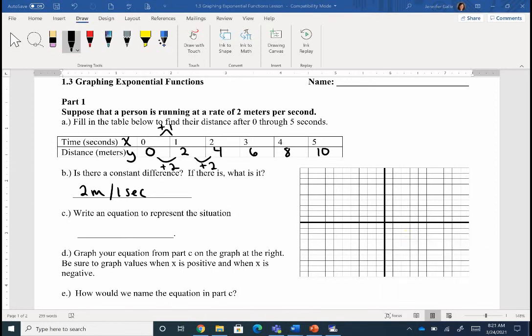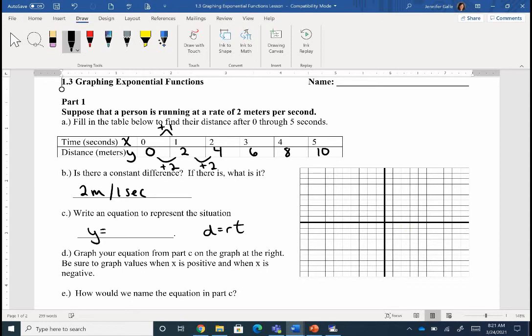So if we go to write our equation, we can rely on our science classes if we want. You have probably heard, maybe in years past, distance equals rate times time. Well, our distance we're representing with y.